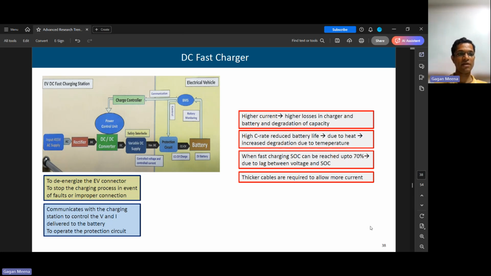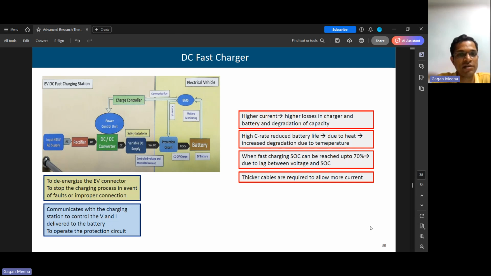The input supply here is a 415 volt AC supply, and this AC goes to the rectifier which converts it into DC. Then we have the DC-DC converter which provides the variable DC supply, and then CCCV charging to charge the battery via the protection circuit.